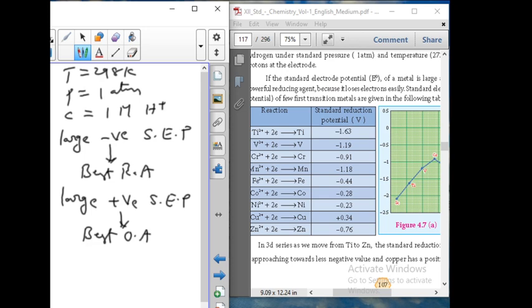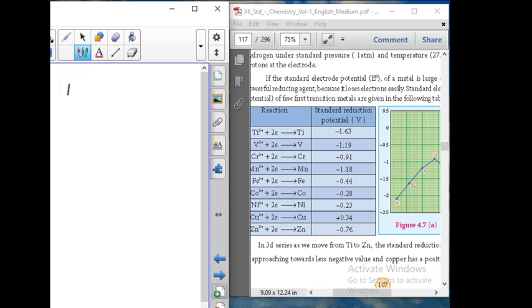Suppose I am comparing two elements, titanium and vanadium. See in this table, titanium plus 2 and vanadium plus 2, the values are minus 1.63 and minus 1.19. I am asking which is the best oxidizing agent and which is the best reducing agent among these two metals.